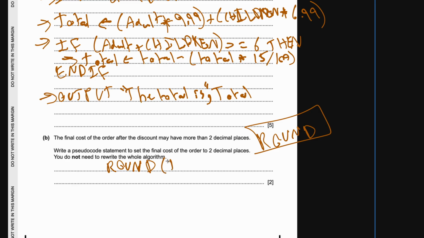So we're going to round the total to 2 decimal places. And that will still do nothing, right? Because we have to store that new rounded value in a variable, and let's call that total. So total is equal to round of total and 2.